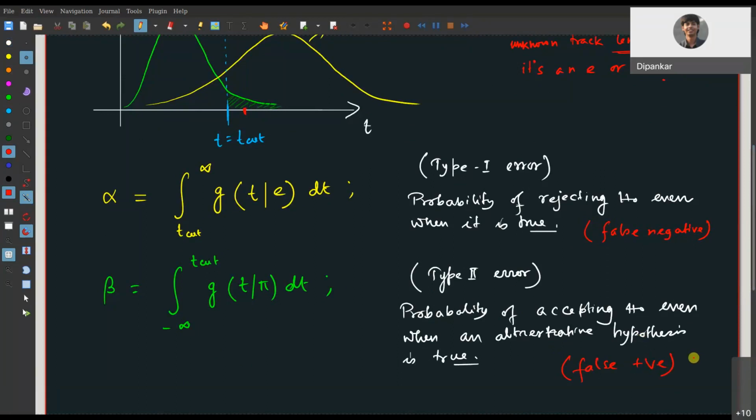Sometimes other alternative names are also used. This alpha is sometimes called the significance level of the test, and this beta is sometimes called the power of the statistical test.